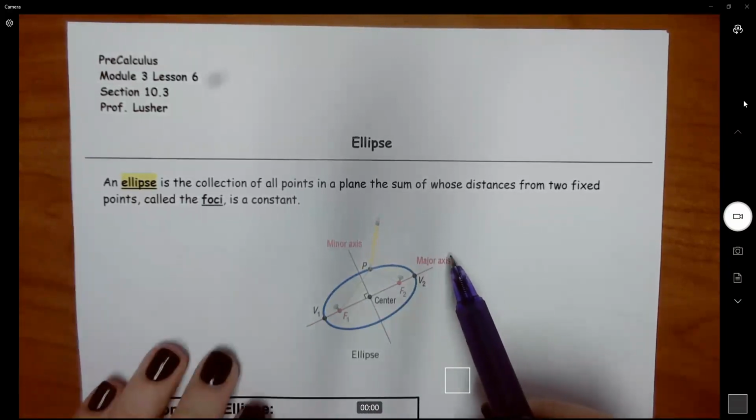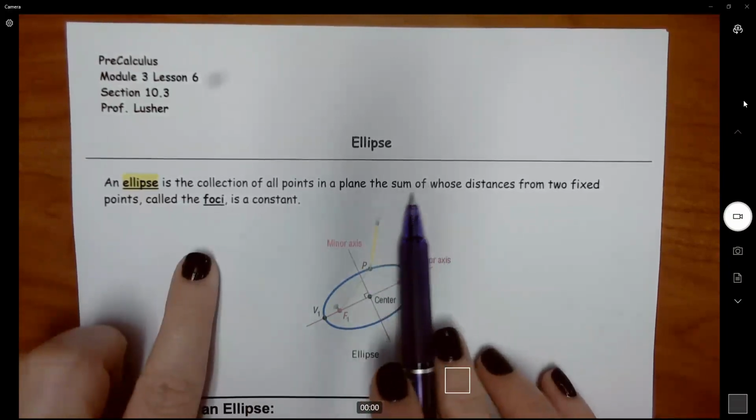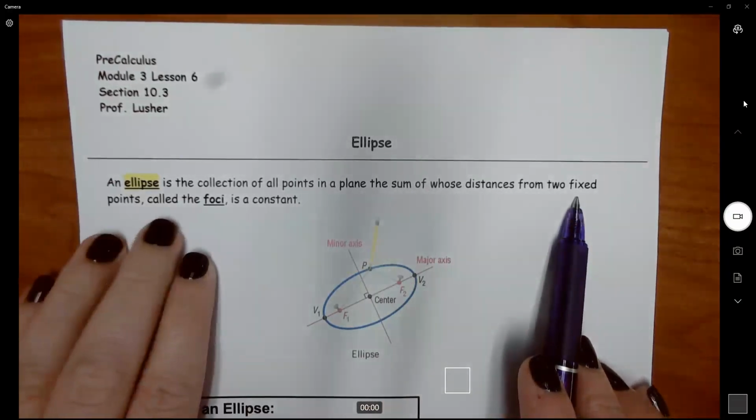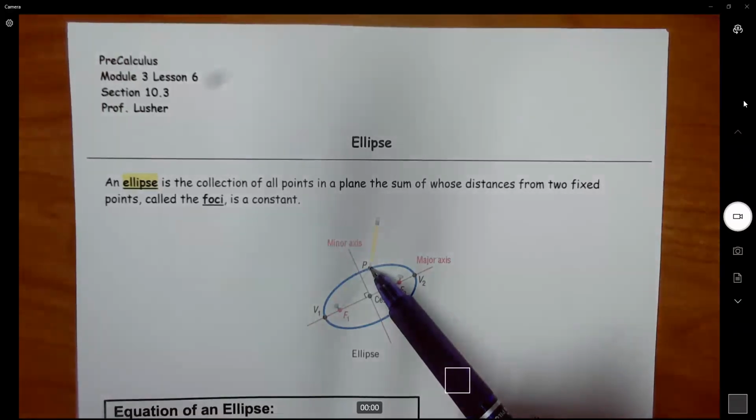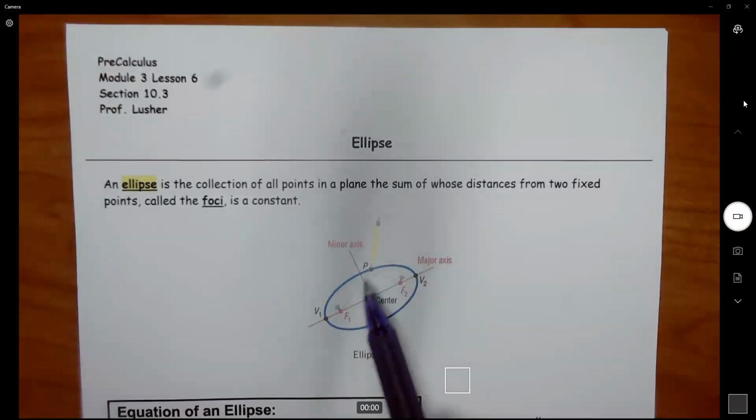What this definition is telling you is that whose distance from two fixed points is constant. No matter where you put a point on this ellipse, so in this case, they put one here.